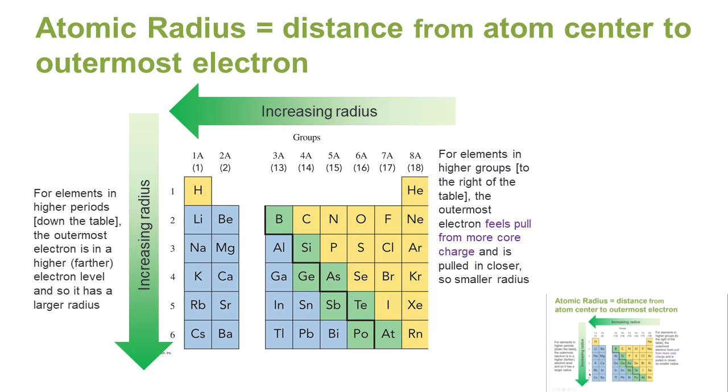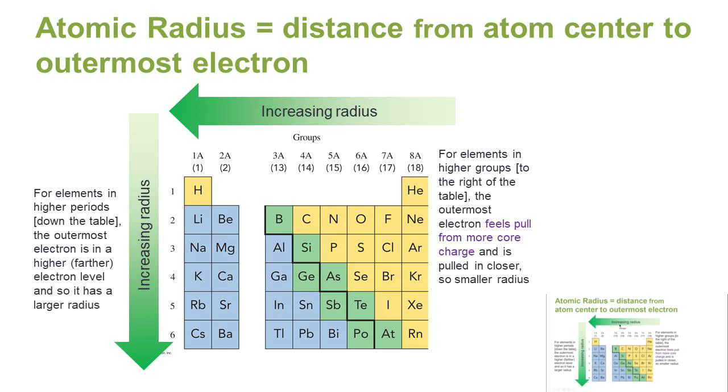Overall, that gives a sort of diagonal trend, so that cesium on this table, it's not showing group 1, period 7, but period 7 is really francium, is the largest element, and helium is going to be the smallest element in terms of radius. So I might ask you something like, which one has a bigger radius, oxygen or nitrogen?